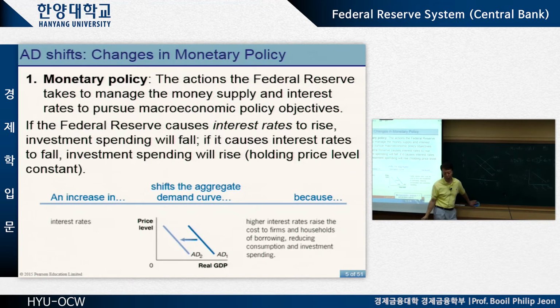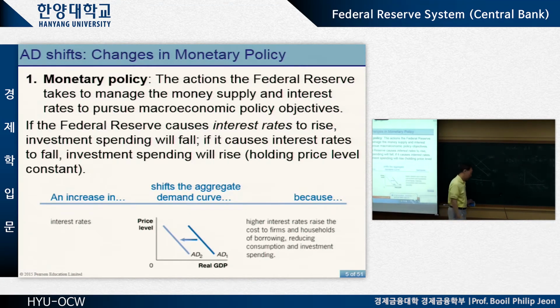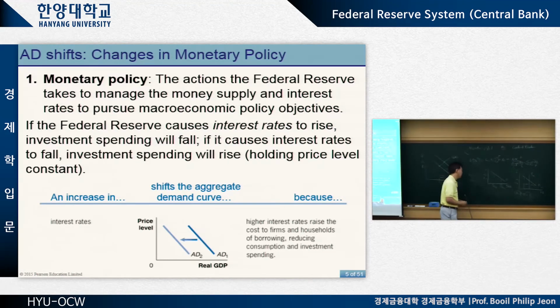If you try to reduce unemployment, you tend to increase inflation, vice versa, right? So that's the trick, right? That's the trick in the economic policy making. You have to strike the delicate balance between the inflation and unemployment, right? Depending on the situation, right? All right, so that's the monetary policy.